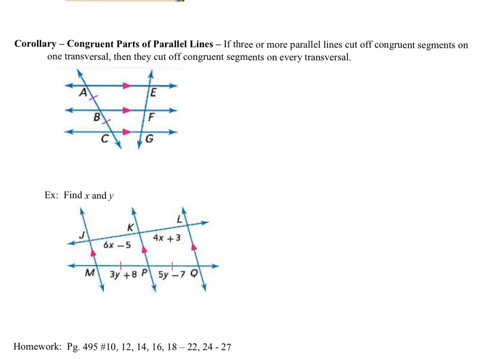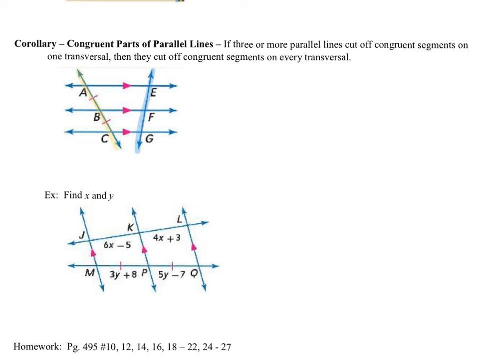These 3 parallel lines are cutting off congruent segments on one transversal, which I'll highlight yellow. So they cut the yellow transversal into congruent parts, which means they cut every transversal into congruent parts. So this blue transversal is being cut into two congruent parts also.